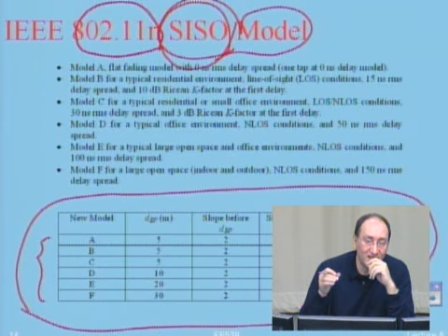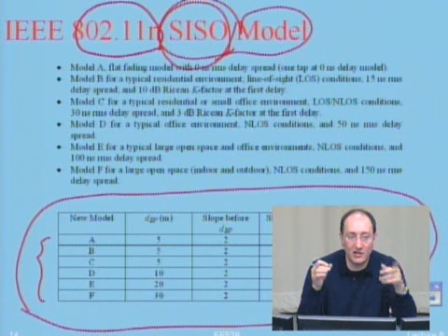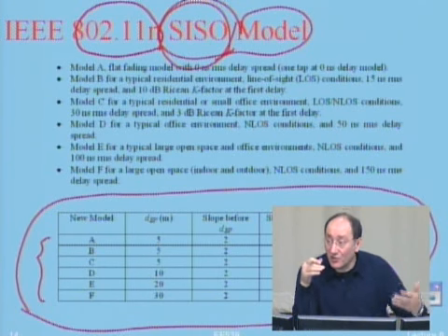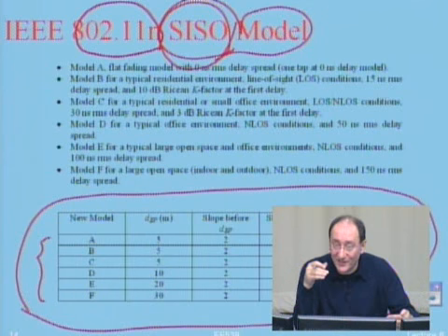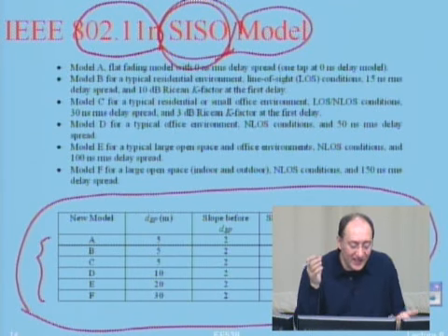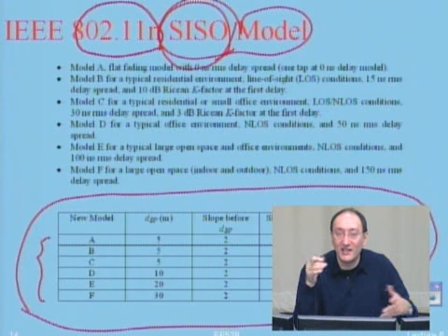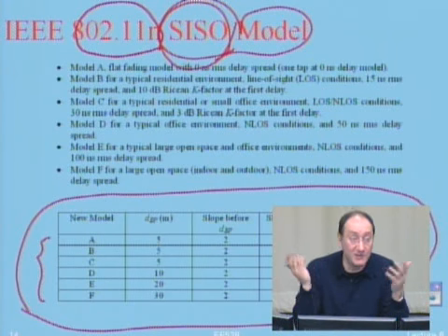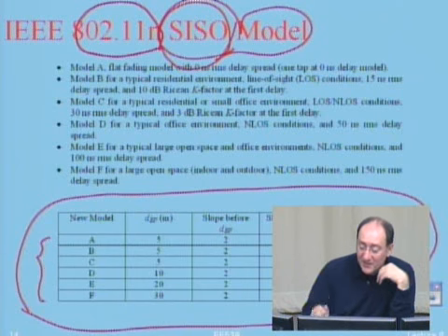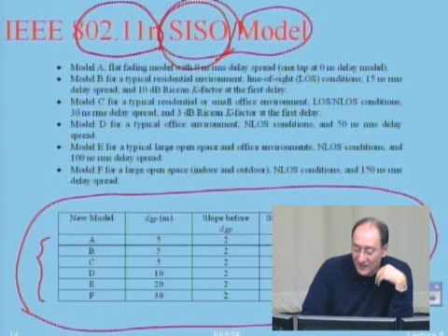Do you follow me? Rather than calling them residential, office, commercial, which is very good actually in terms of marketing appearance, in reality you really have ABCD. And then you try to fit A or B, C or D. You say that this building is a C model, or that building is a B model. But anyway, these are the path loss models that they have for that.